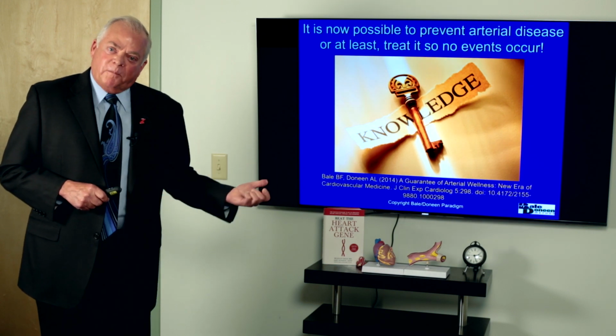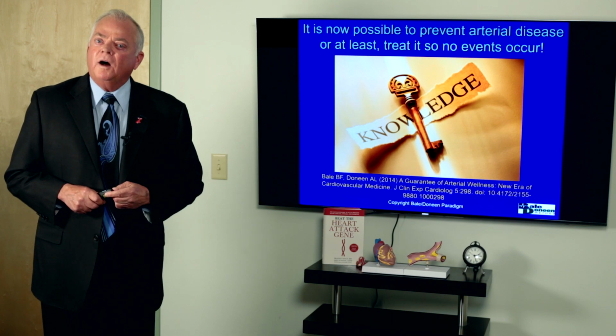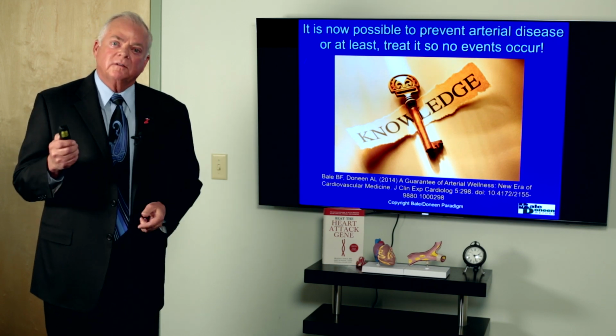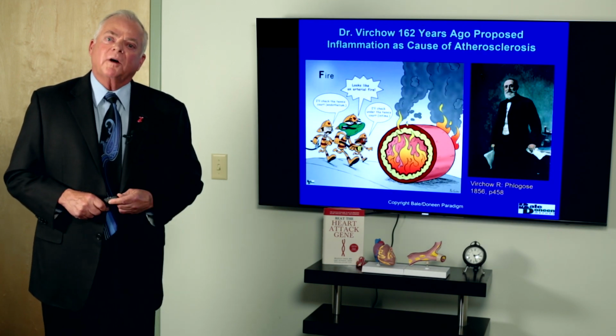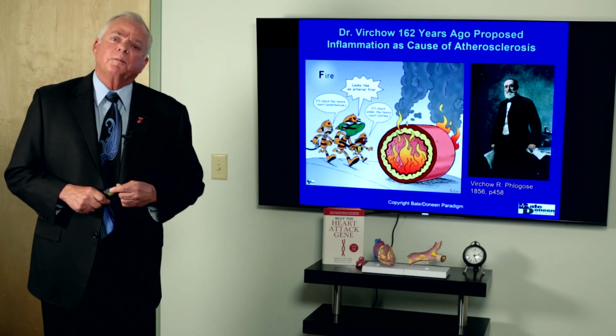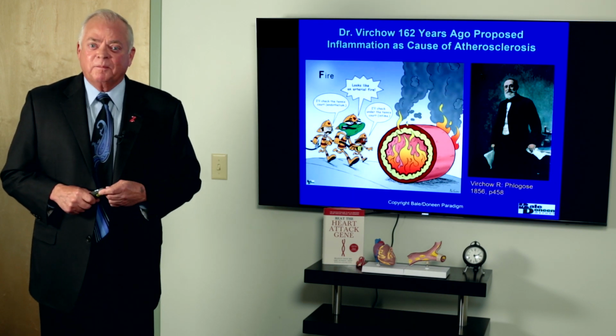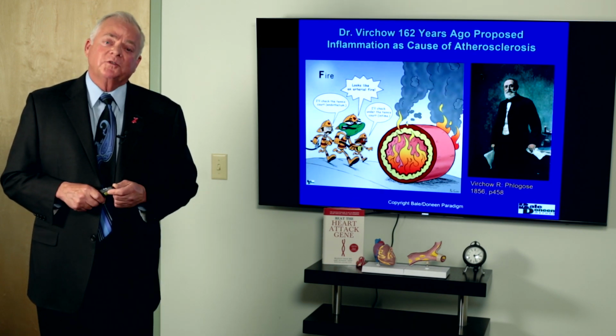And that was in that paper that we published 4 years ago. What causes arterial disease? It's the keystone of our arch. It's inflammation. That was first proposed 162 years ago by Dr. Virchow in Germany.